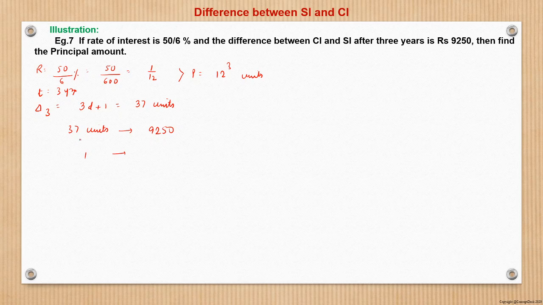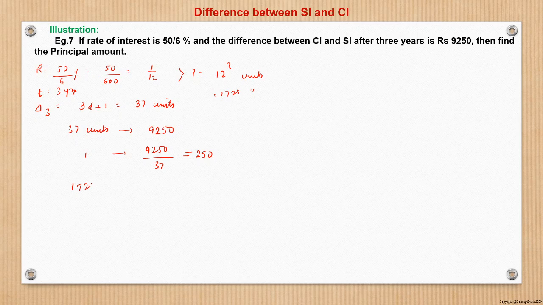So 1 unit here will represent 9250 upon 37. So I think this will be 250 rupees. 12 cube is 1728 units.